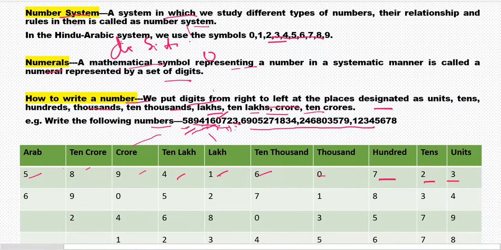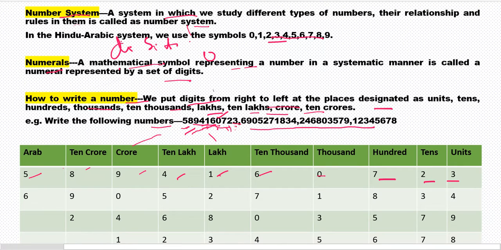It means 5 arab, 89 crore, 41 lakh, 60,723. This way we can read these digits.